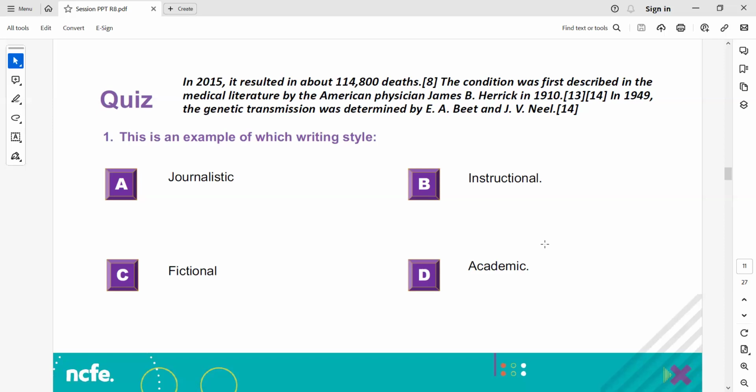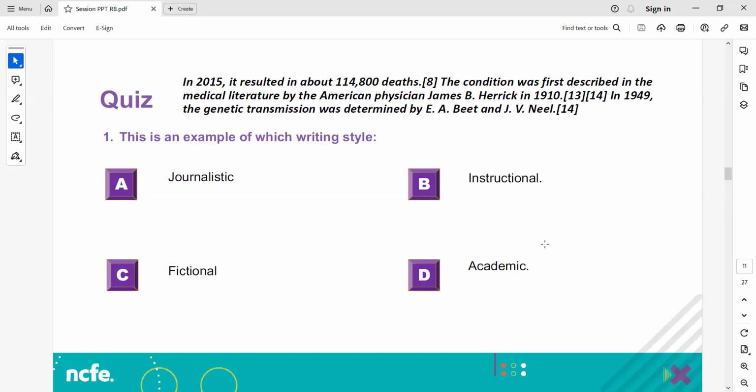In 2015, it resulted in about 114,800 deaths. And there's a reference there, 8, so we need to refer to that. The condition was first described in the medical literature by the American physician James B. Herrick in 1910. We've got some more references there.